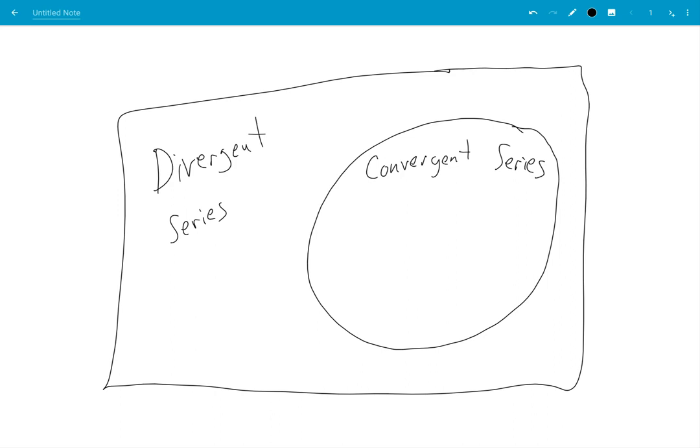So every series is either divergent or convergent. Now, within the convergent series, use a different color here, you have a division. They are either absolutely convergent or conditionally convergent.